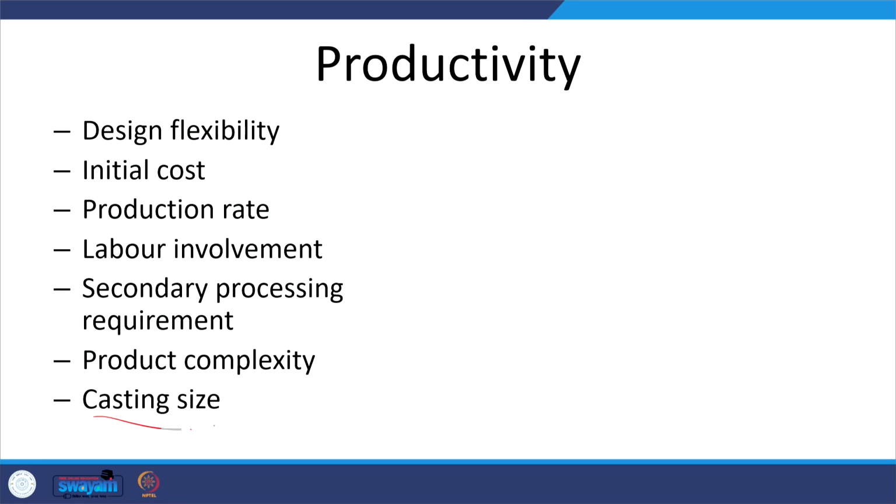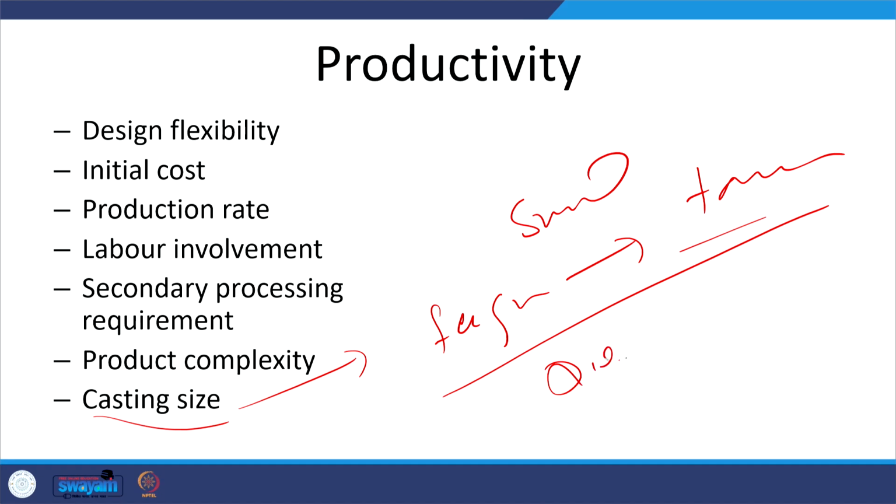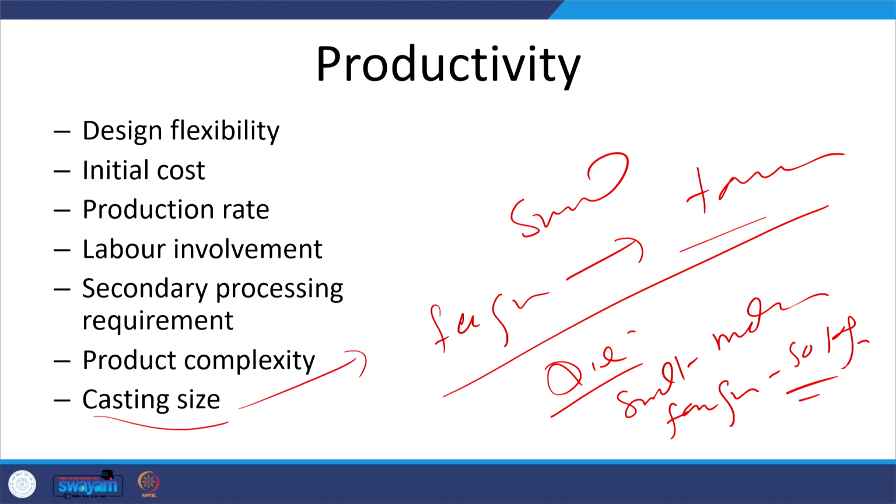Then casting size, from a few grams to a few tons: sand mold casting can be used for the entire range of size and weight. But die casting is limited to small to medium sizes, from a few grams to say 40 to 50 kg.